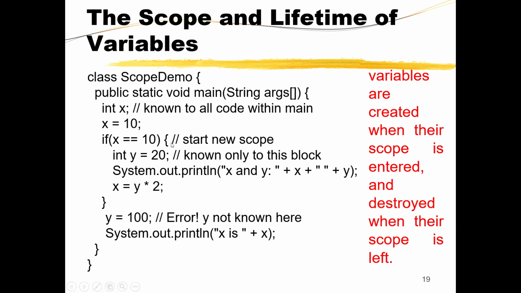Within the scope of the if condition, the y variable exists. But after this condition, if you assign a value to the y variable, you get an error because after this bracket, the y variable no longer exists. Since the y variable no longer exists, you will get an error here. This is how variables are created, and when the scope is left, they get destroyed. Right.